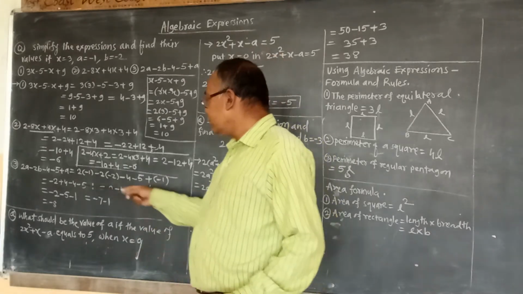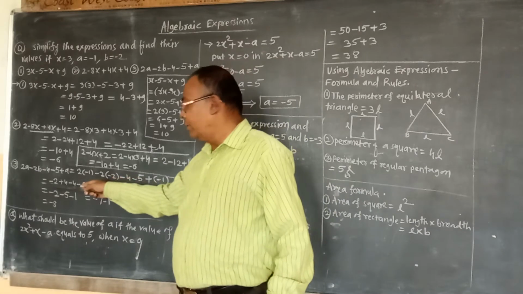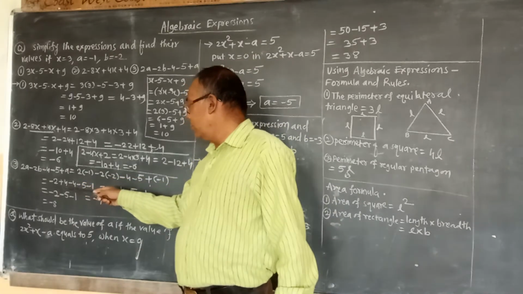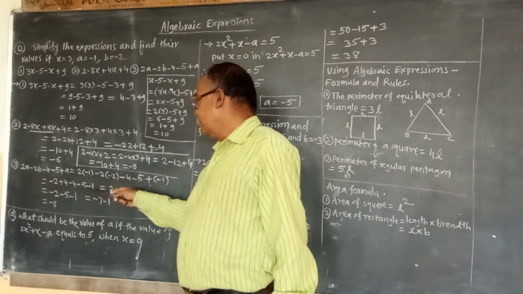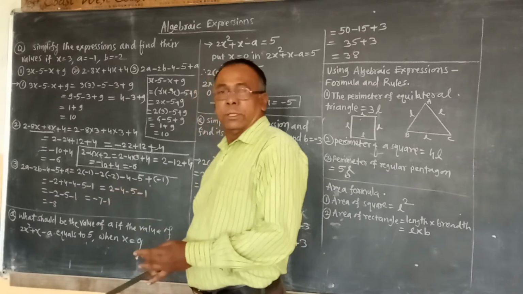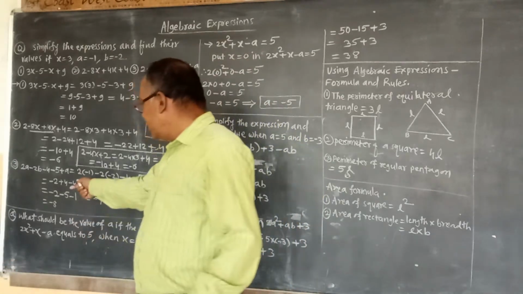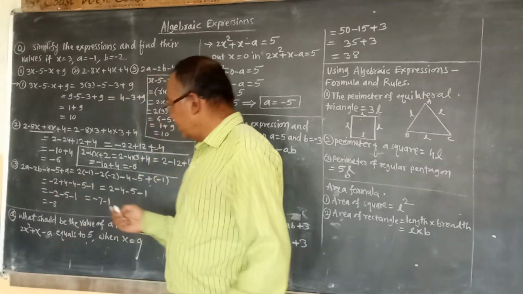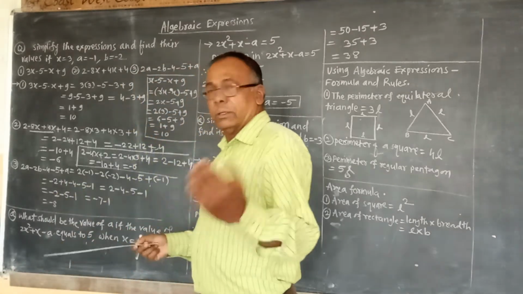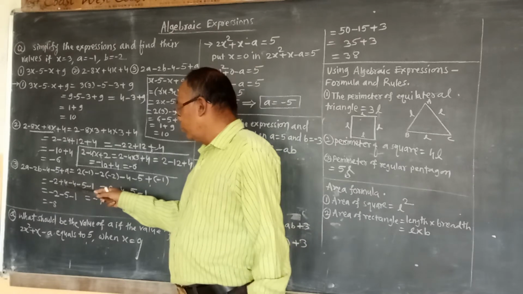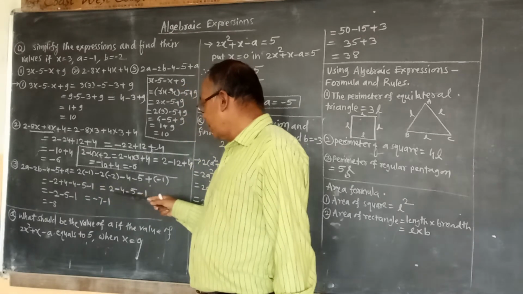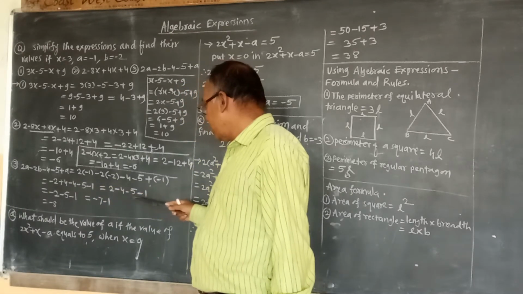Here 2 into minus 1 is minus 2, plus 4, minus 4, minus 5, minus 1. Here we can cancel 4 and minus 4, but I have solved here: minus 2 plus 4 is 2, 2 minus 4 minus 5 minus 1.